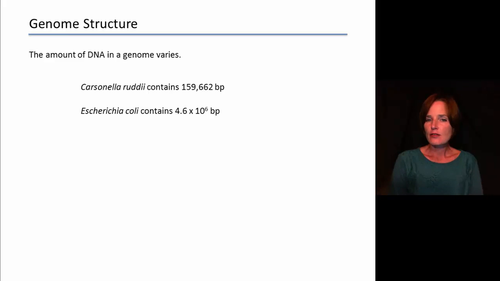That's the smallest. If we talk about E. coli, that's a bacteria. That one has 4.6 million base pairs. So with bacteria, thousands and millions are certainly possible. When we get into humans, we can be up into the billions. So again, genome size, the actual amount of DNA that we have inside of a cell, is very widely variable.